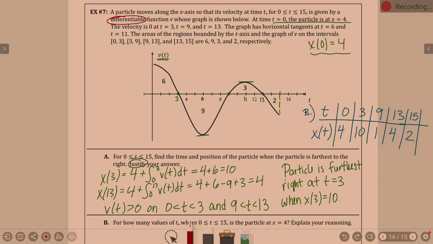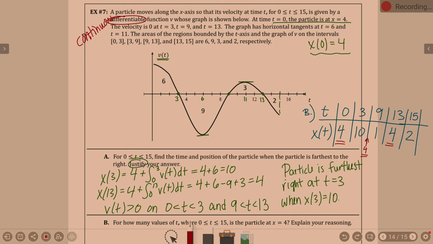It hits every value, including 4, so there's a 4 in that interval, and there's a 4 here. Are you seeing where I'm going with this? So 3 times. It's not just the fact that 4 appears twice. It also passes through 4 at another point, and that is because it's differentiable, so we know it is continuous.